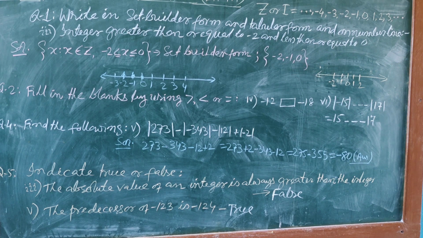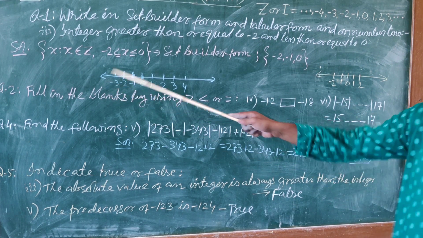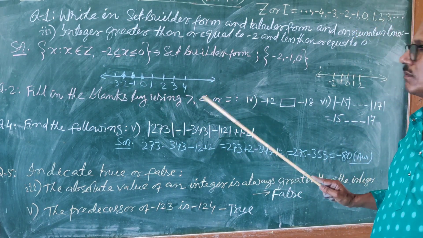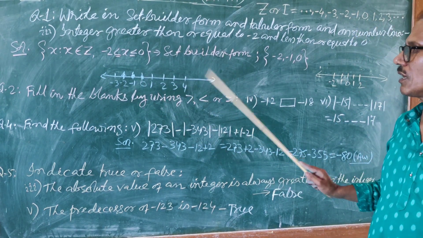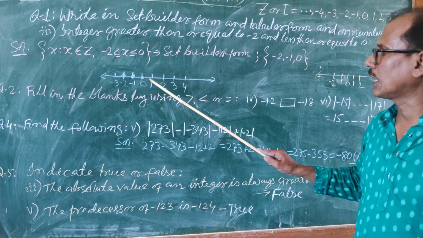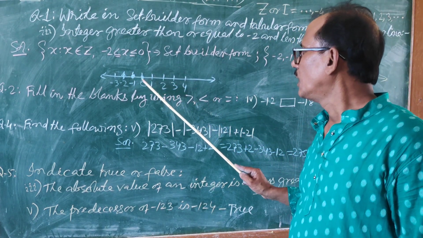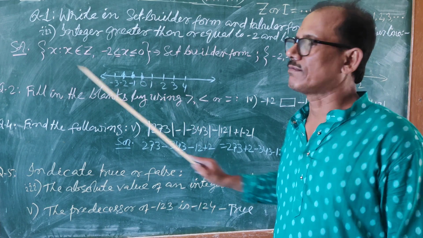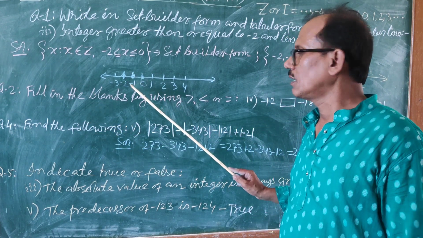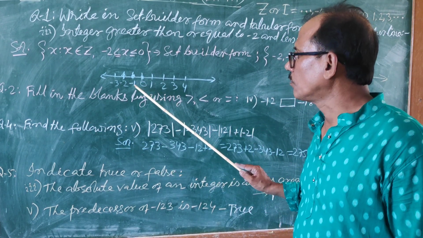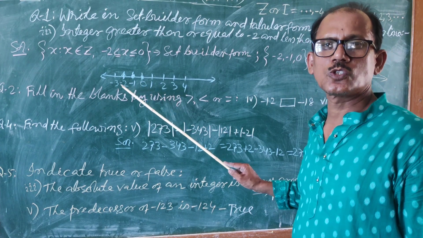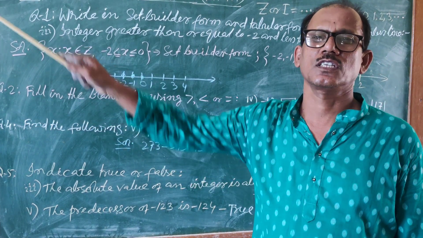Okay, but for the number line of integers, I said you put an arrow direction on one straight line, and on equal gaps, in equal division measurement, you have to take 0. On the left hand side of 0, all the values will be lesser values. It will begin with minus 1, minus 2, minus 3, minus 4, minus 5, minus 6.